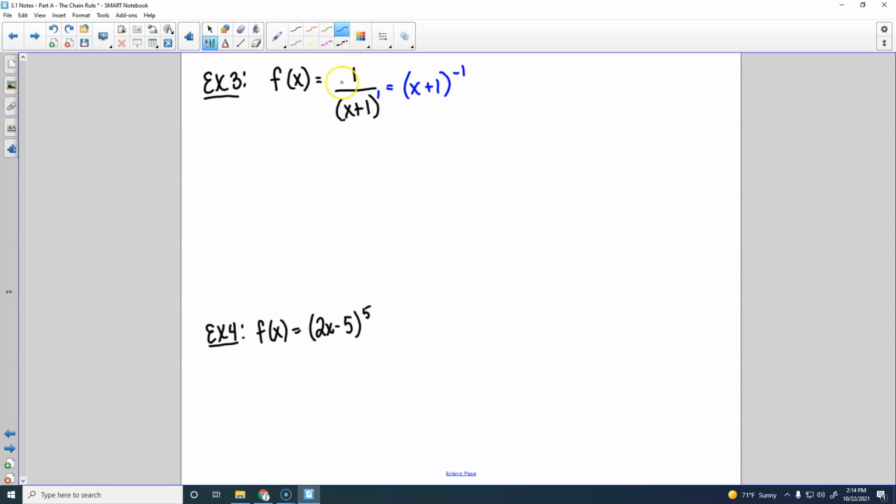Okay. All right. So if we take the derivative here, we've got negative 1, stuff on the inside stays the same, to the negative 2 power, times the derivative of the inside, which would be 1.